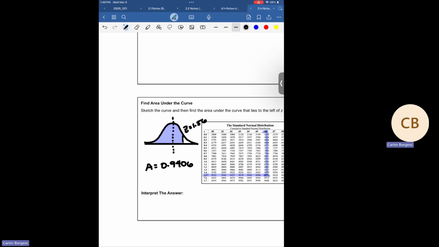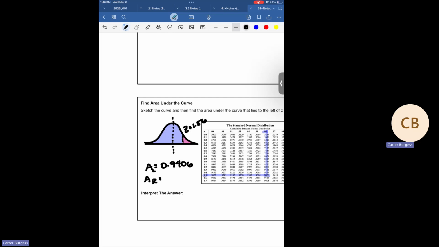What would I do if I wanted to find this area? Yeah, 1 minus it, or if we wanted to do percentage, subtract from 100. If we wanted to do just the decimal, we could subtract from 1. So the area to the left is this.